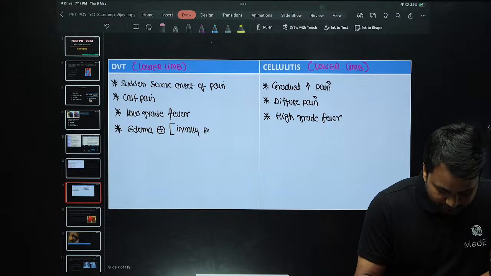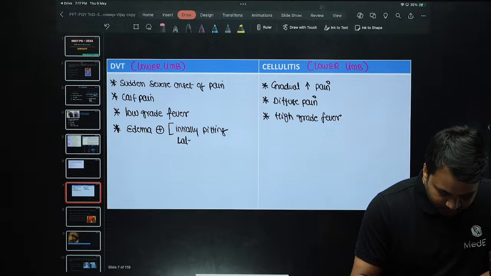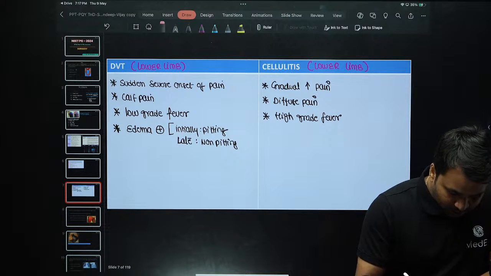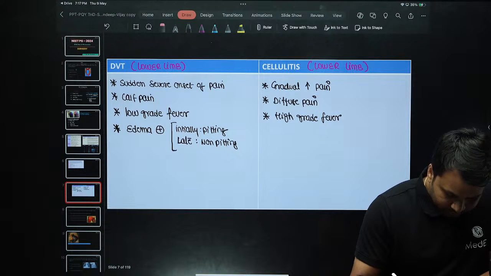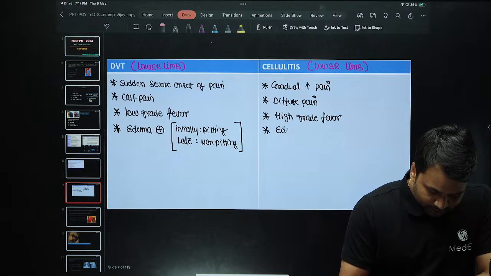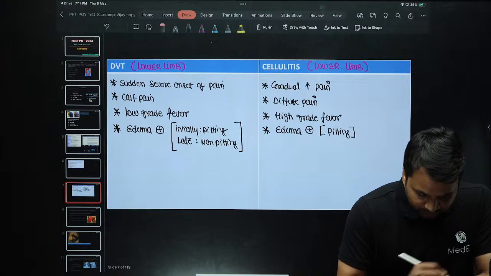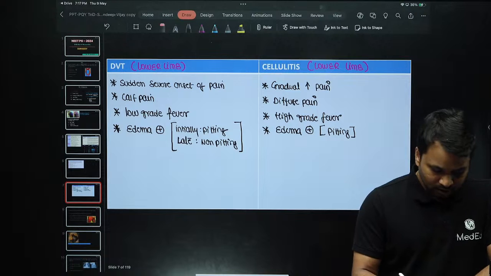It is initially a pitting edema, but eventually, in a late stage, it becomes non-pitting. Cellulitis will also present with edema, but this time it will be only pitting edema.